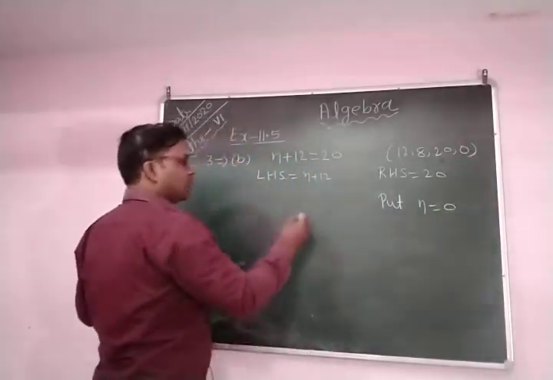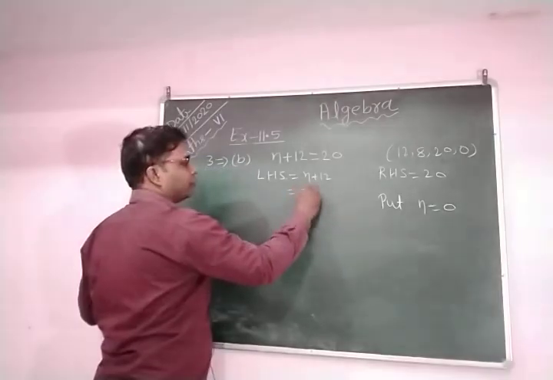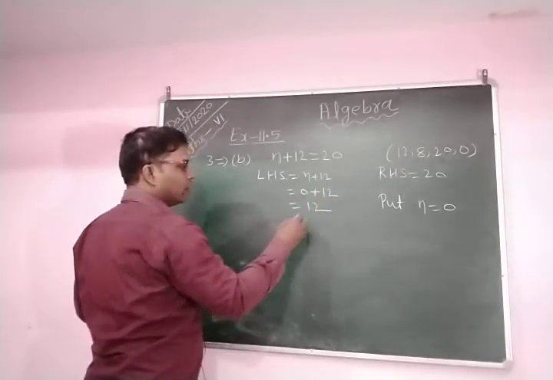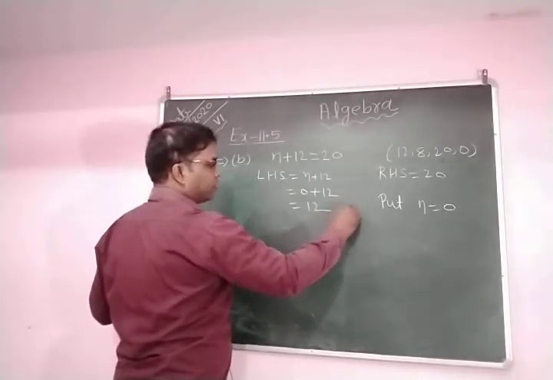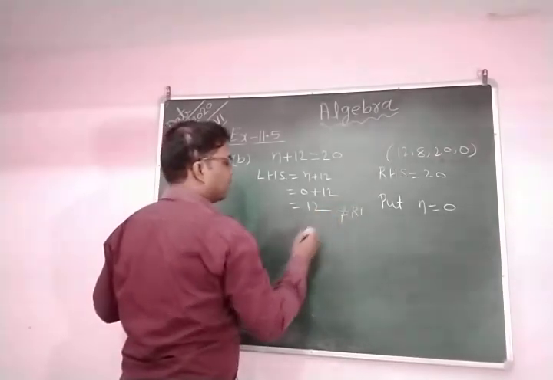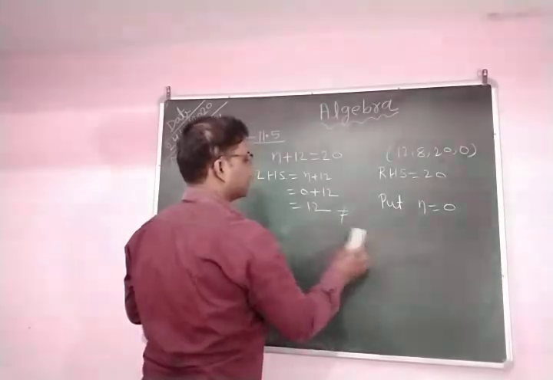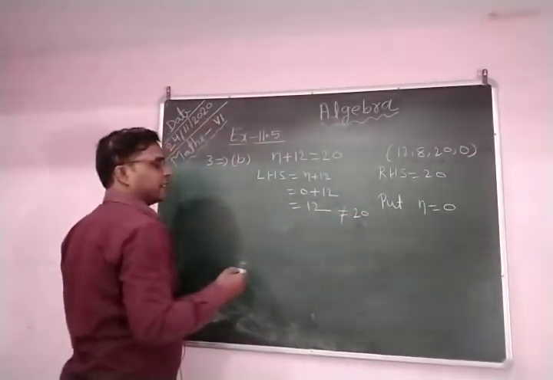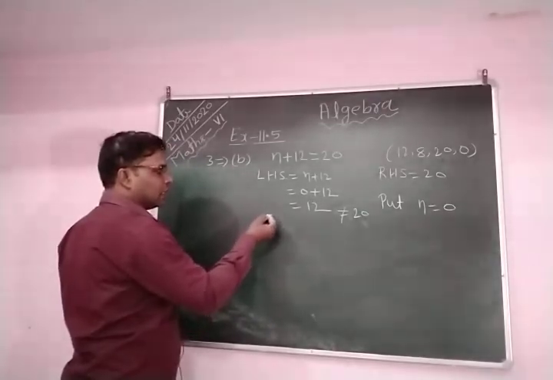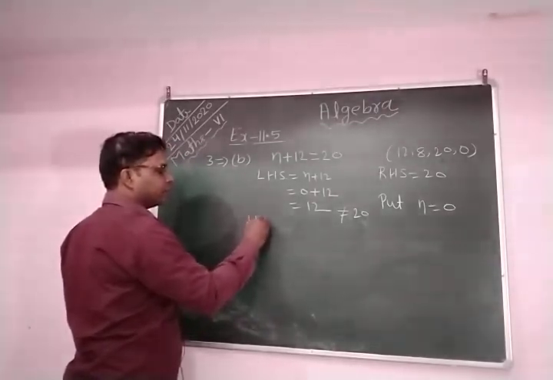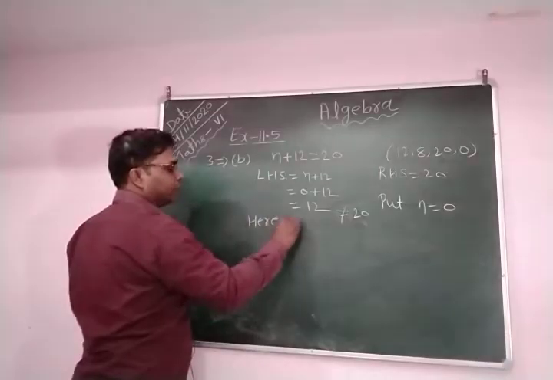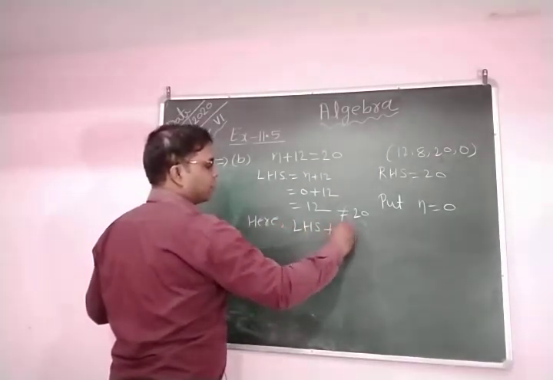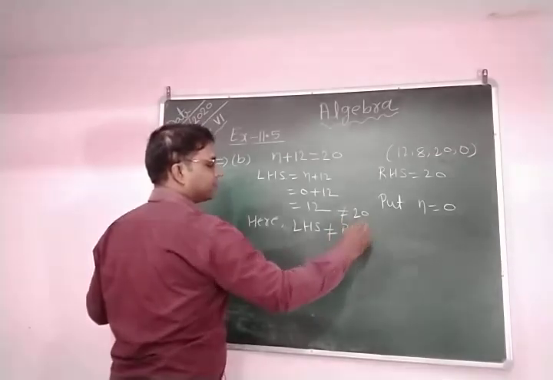For this we put 0 plus 12, which is equal to 12. 12 is not equal to 20, the right hand side. So the left hand side does not equal the right hand side.